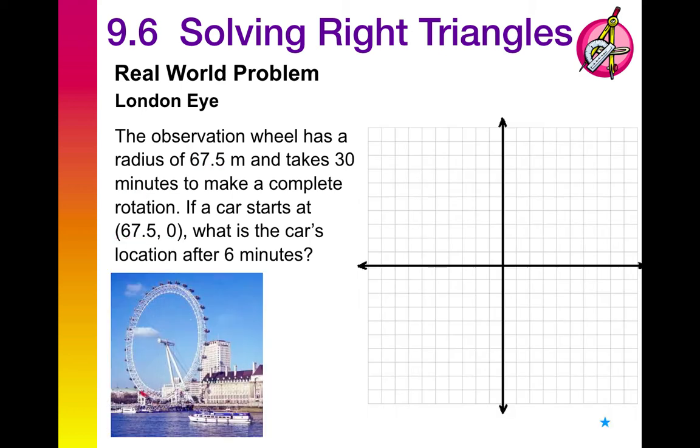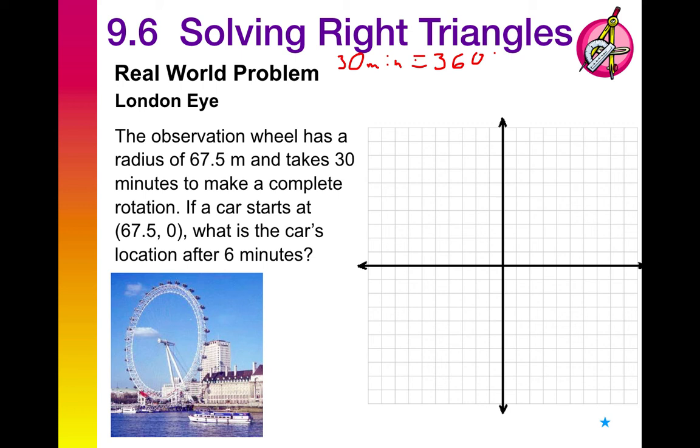So let's take a look at this, and we're going to use a graph to come up with a solution to this. So if it makes one revolution in 30 minutes, then how long of a revolution does it take to go 6 minutes? Well, we know that for 30 minutes, it goes 360 degrees.